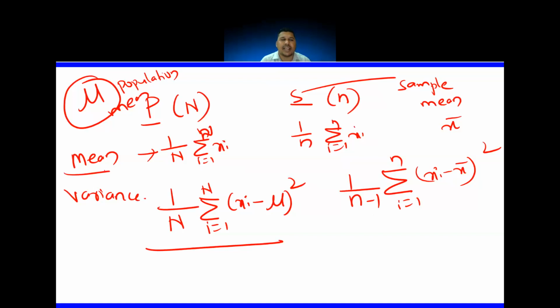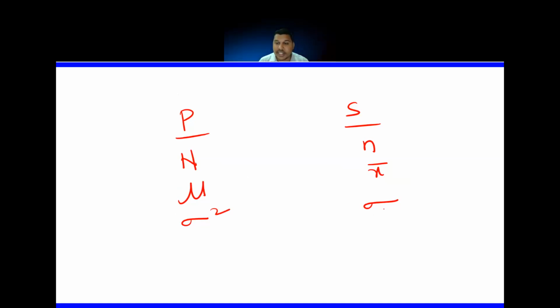Mean is again the average of 100 elements or average of 5 elements that you can calculate easily. But for variance of those data points, it is 1 by capital N sigma xi minus mu whole square, and here it is 1 by n minus 1 xi minus x bar whole square. For population P and sample s, number of elements is capital N, here it is small n; mean is mu, here it is x bar; standard deviation is sigma, here it is s; variance is sigma square, here it is s square.